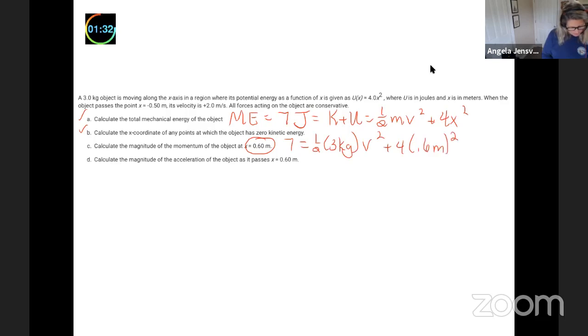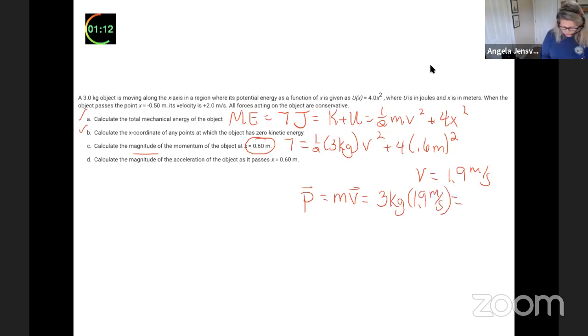If you solve that for v, you'll get 1.9 meters per second. They're asking for the momentum at that position, so it would be mv. It's just the magnitude, so we don't need the vectors, but 3 kilograms times 1.9 meters per second should give you 5.78 kilogram meters per second. And there's no special name for that unit.